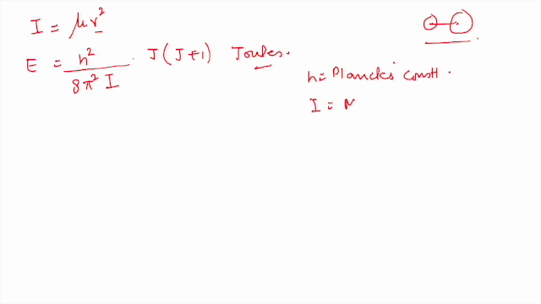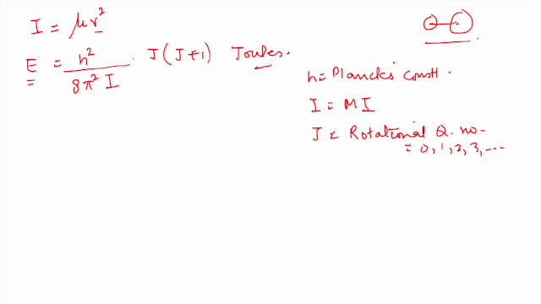I is the moment of inertia of the molecule we are talking about, and J is the rotational quantum number, which can be 0, 1, 2, 3 and so on. E is the energy.